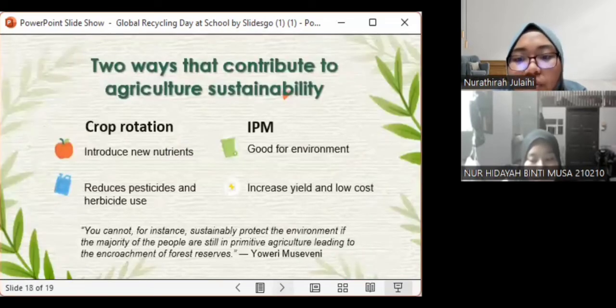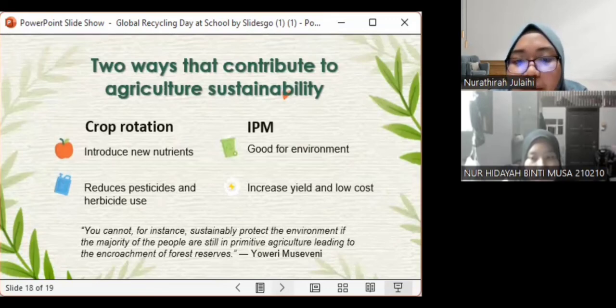Before I end our presentation, let me recap the two ways that contribute to sustainable agriculture, which are crop rotation and IPM. From the slide, as we can see, crop rotation will introduce new nutrients and reduce pesticide and herbicide use.